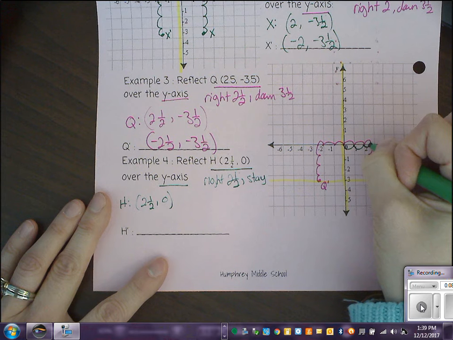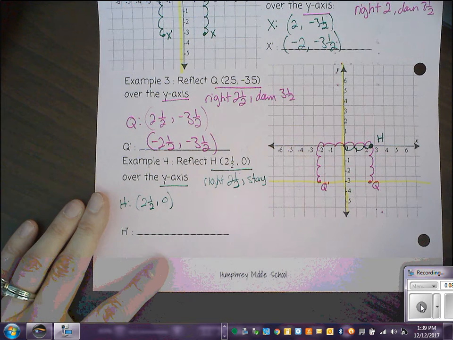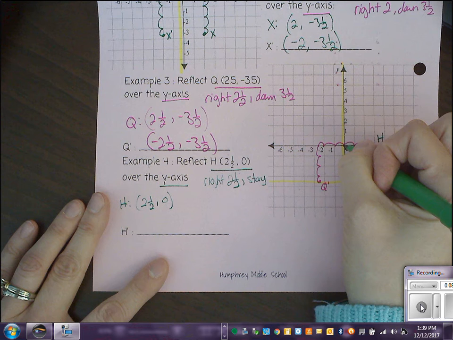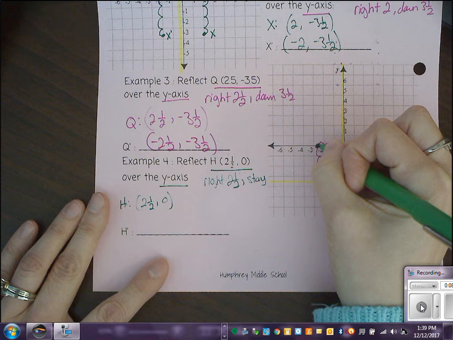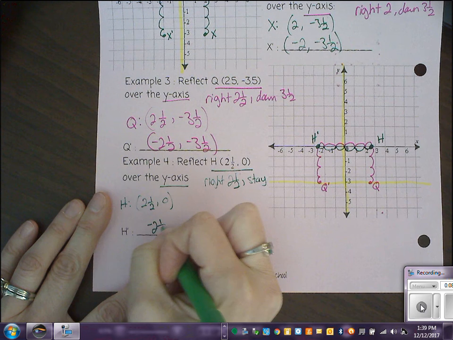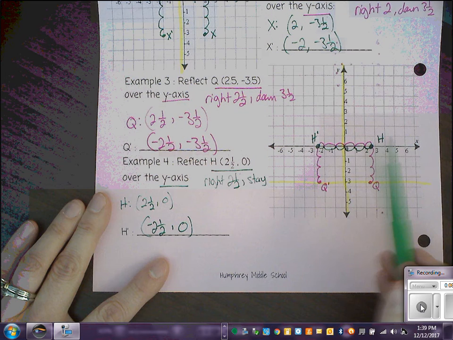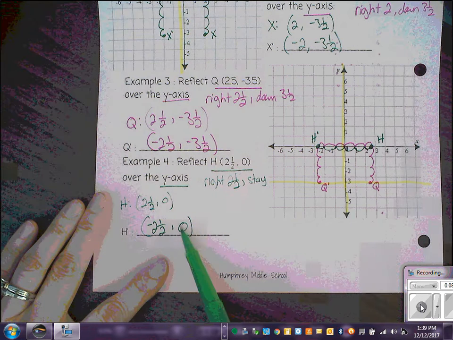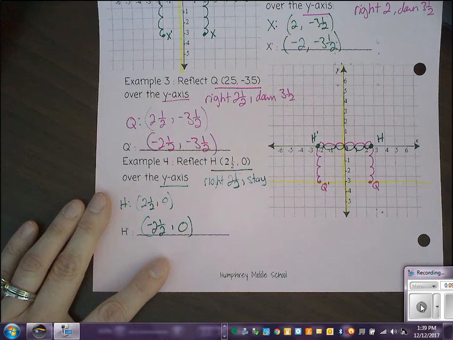I stay right there, and I plot H. To reflect that, I'm going to go the opposite direction, 1, 2.5, and stay right there, and label it H prime. So now my new coordinates are negative 2.5, 0. Once again, as I reflect over the y-axis, my y value stays the same, and my x becomes the opposite.